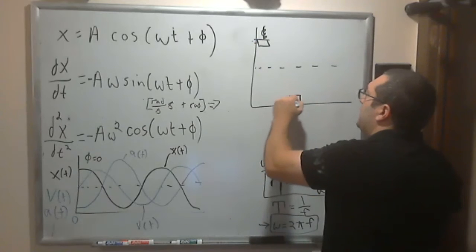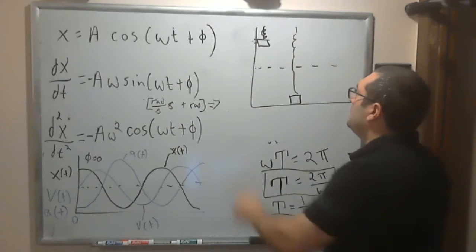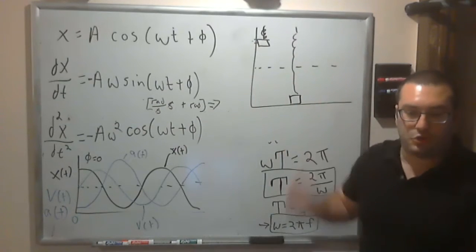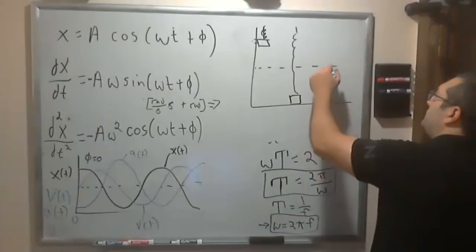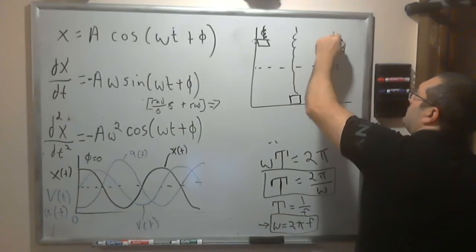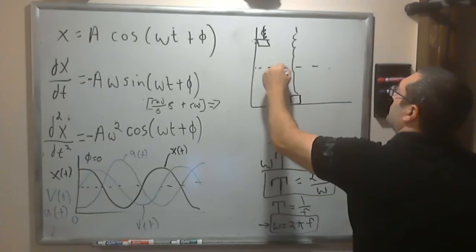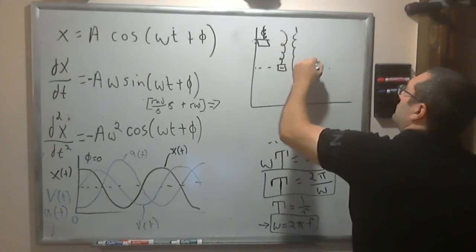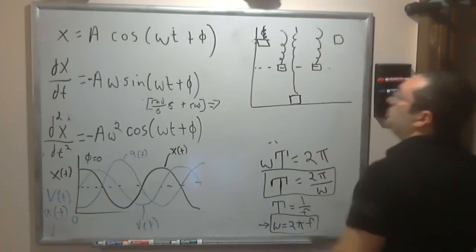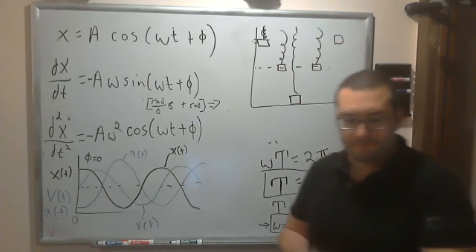And then it goes down here. Will this oscillate faster or slower? Anybody? Will this complete one cycle faster or slower?